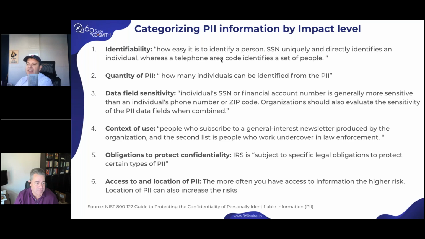Obviously, then, the data field sensitivity. Some data fields are more or less sensitive than others. And what you need to be cautious with is that if you're associating some data fields together, they can become more sensitive.